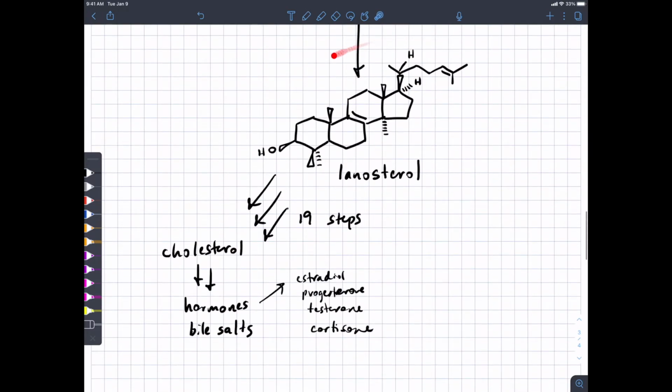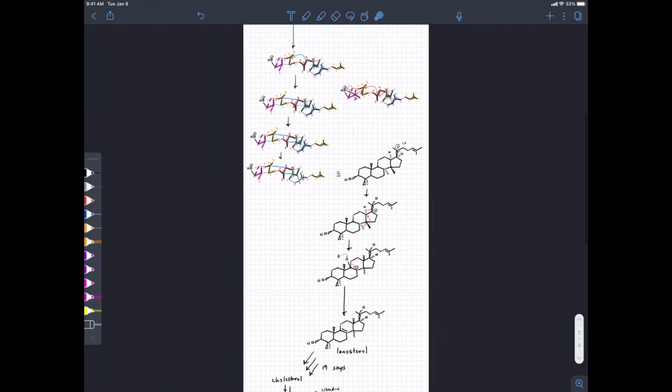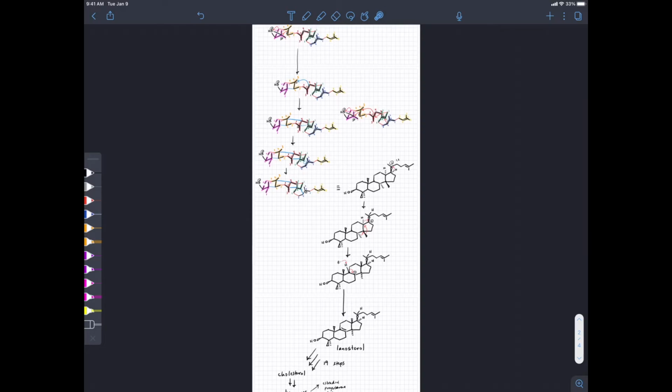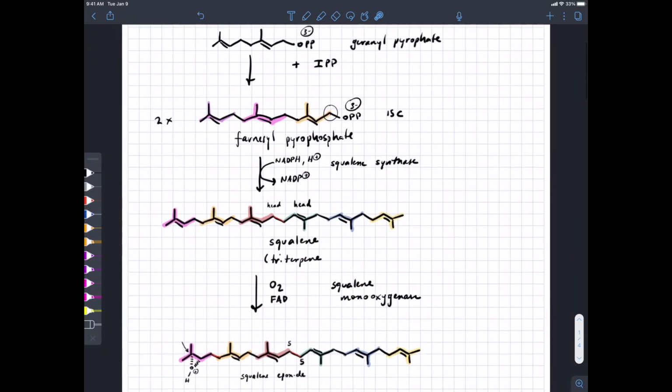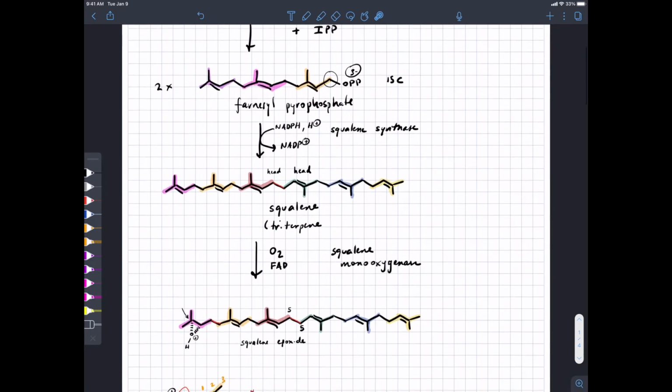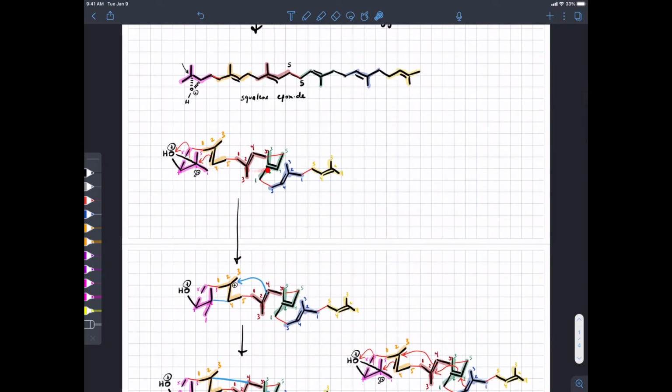And so a lot of things come from this pathway. But I think it's an interesting example of how a relatively simple linear precursor and very simple starting material subunits get stitched together, and then the pattern of methyl groups and double bonds in this structure sets you up perfectly to make the fused rings.